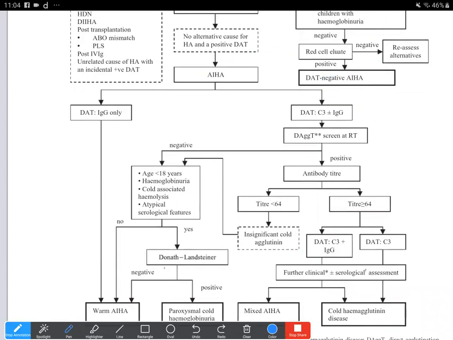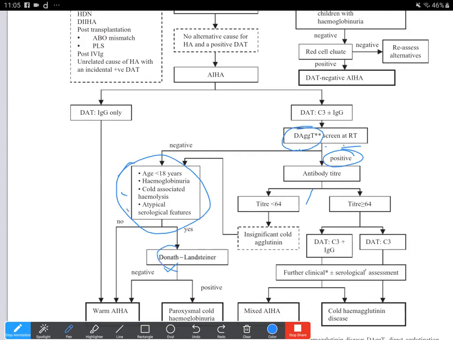The Donath-Landsteiner antibodies will also be included if we are considering cold antibodies, where the cold agglutinin screen, the direct agglutination test at room temperature, is positive. Then we are looking mostly for cold antibodies here. But if there are atypical features, that is, age less than 18 years, hemoglobinuria, cold associated hemolysis and atypical serological features, then we need to rule out Donath-Landsteiner.